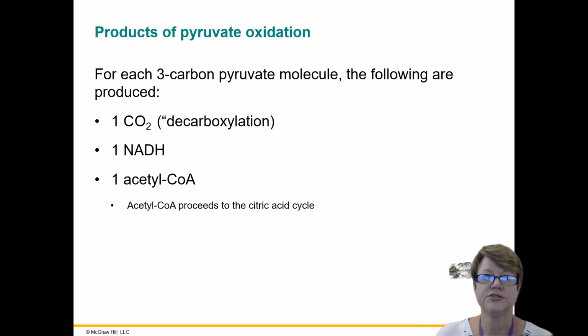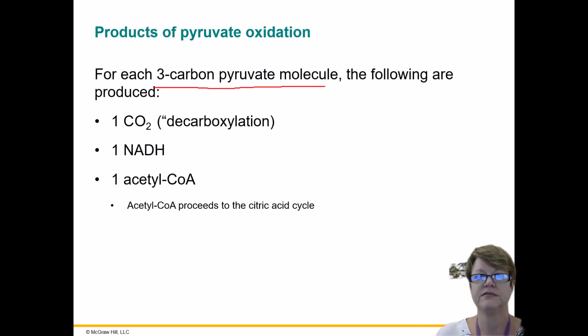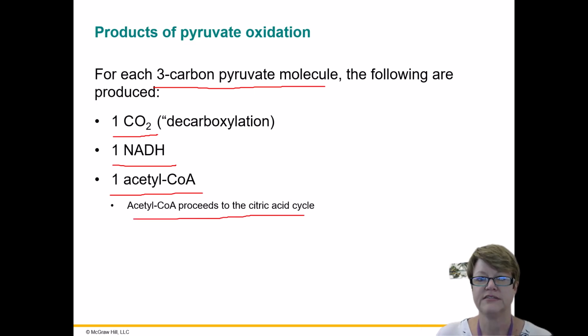So for each 3-carbon pyruvate that comes into this stage, pyruvate oxidation, your products are going to be 1 carbon dioxide, 1 NADH, and 1 acetyl-CoA. Acetyl-CoA is what goes on to the next phase. But you will notice that at the end of glycolysis, we actually had 2 pyruvates. So we have 2 pyruvates coming into the pyruvate oxidation phase.